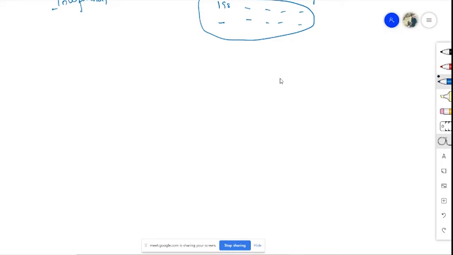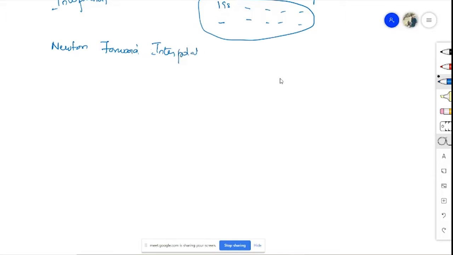There are many methods, four methods, but the first one is the Newton forward interpolation method.